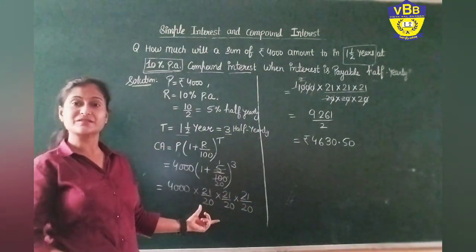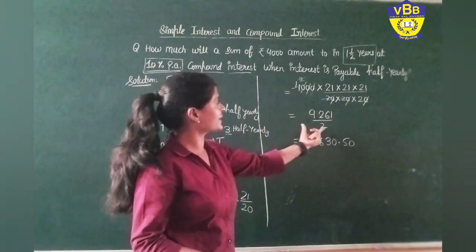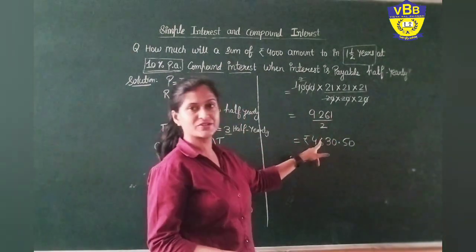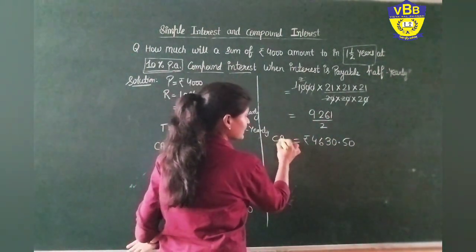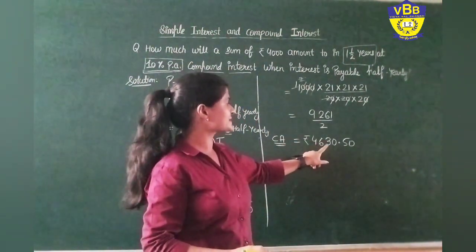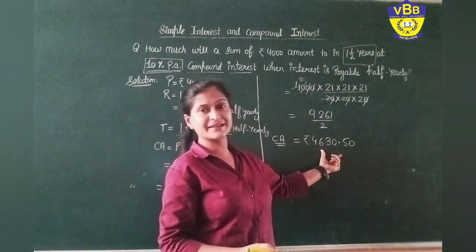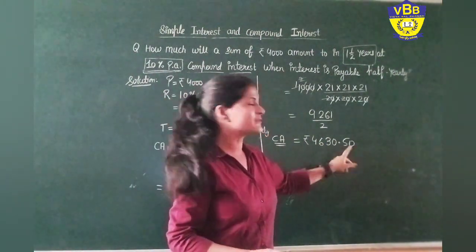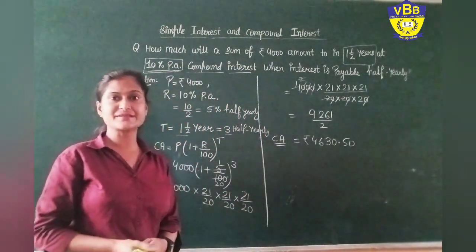We write it thrice. After solving this, we get 9261/2, and the amount in case of half yearlies will be 4,630 rupees 0.50.